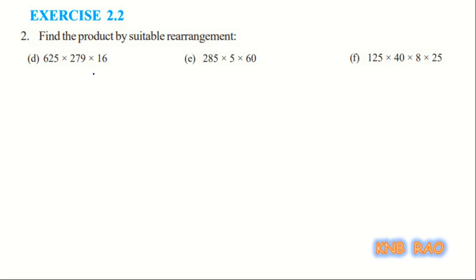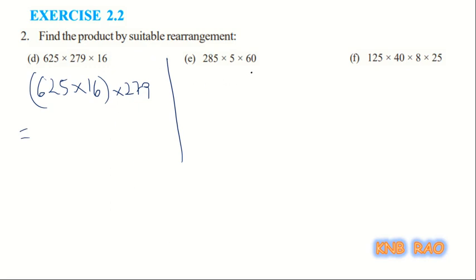No. Will you multiply 279 and 16? No. Just multiply 625 by 16 first. To that product you multiply 279. Why? Because 625 16s gives a number ending in zeros.